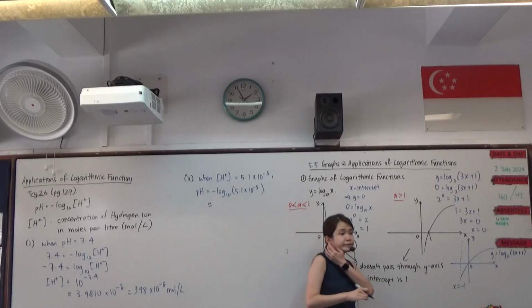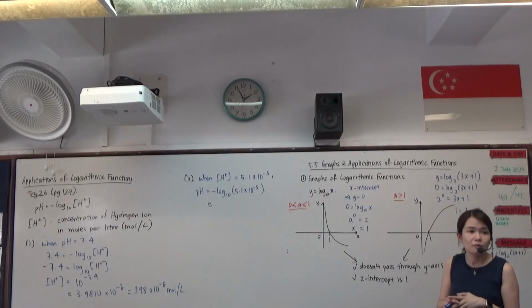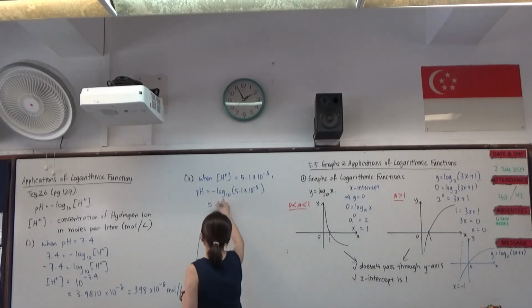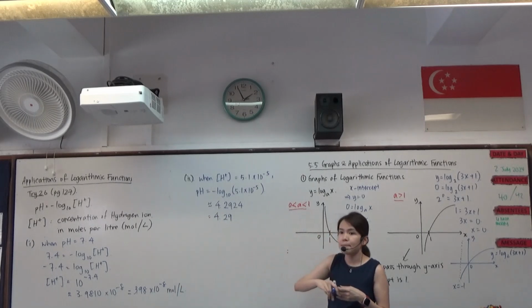What do we get? Let's calculate it. Okay. 4.2924. Okay, so is it acid or a base?